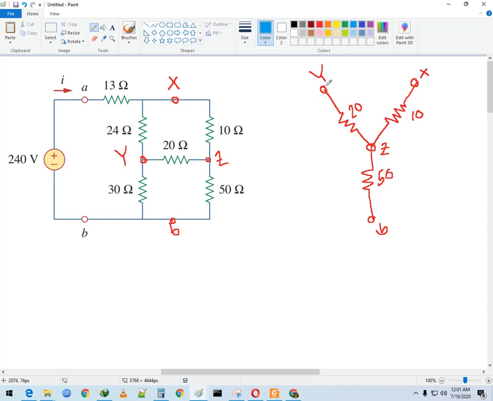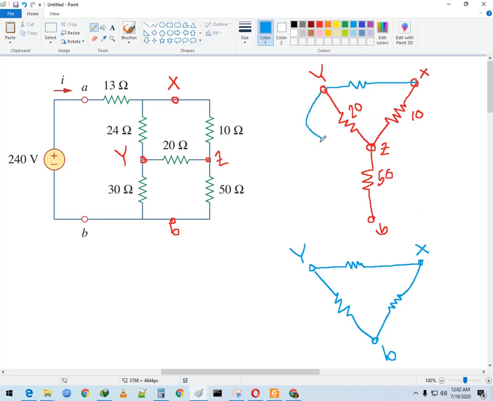So if you want to change it to delta, what you need to do is to have something like this: this is node Y, this is node X, and this is node B. So you should have one resistor in between X and Y. So this is X and this is Y. One resistor in between Y and B. So another resistor is in between X and B. So it is something like this.